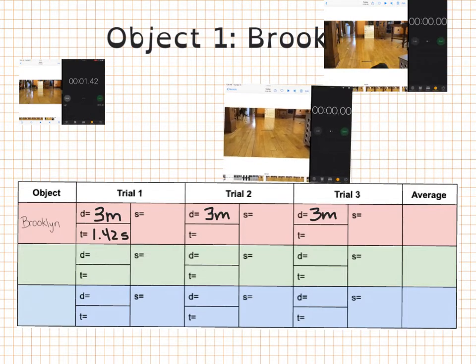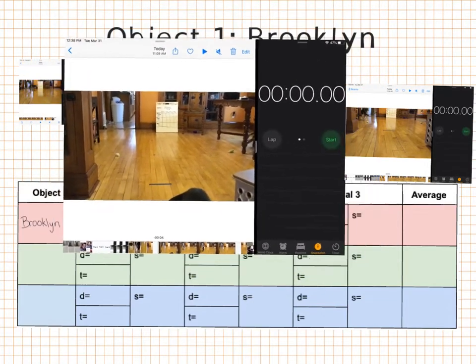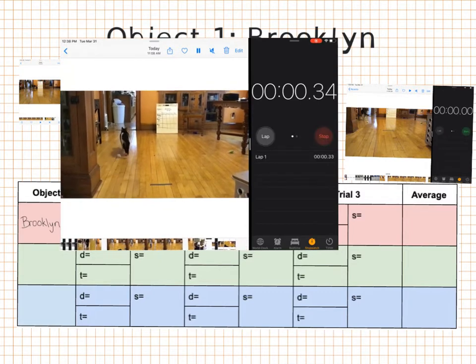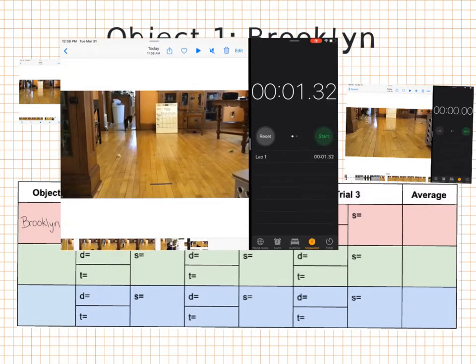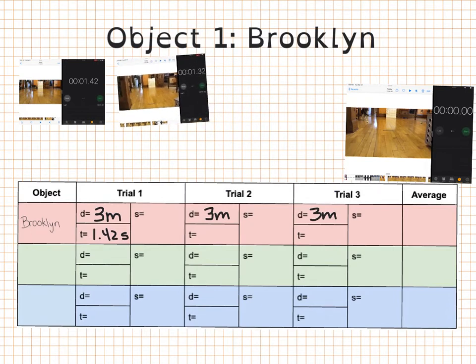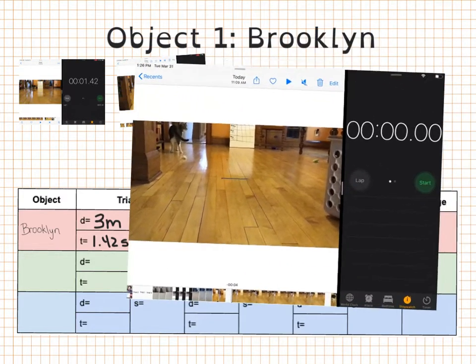All right, trial number 2, I believe is this one. So there's Brooklyn, 1.32 seconds. All right, I am seeing some consistency here. So trial number 2, 1.32 seconds. And then last but not least, trial number 3.